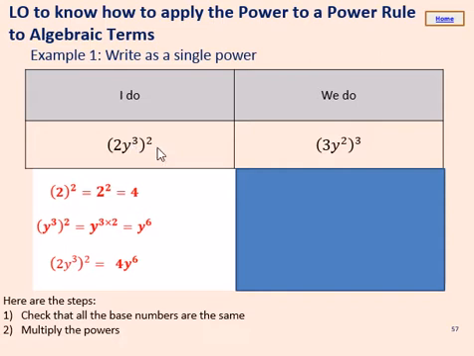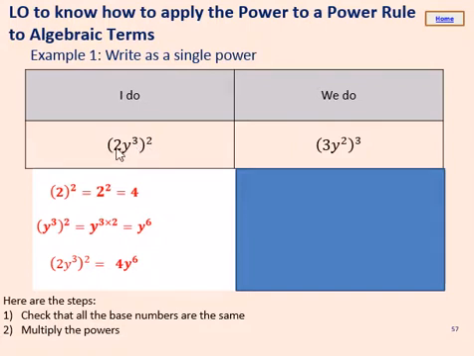So the rule for this is, because we're squaring all of this and we've got a 2y rather than just a singular number here, we have to square the 2 and then raise y to the power 3 to the power of 2, and we do that by multiplying these two powers.